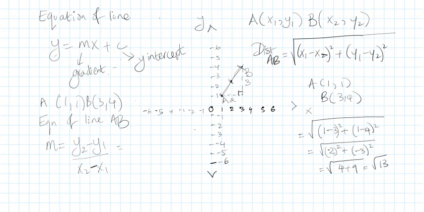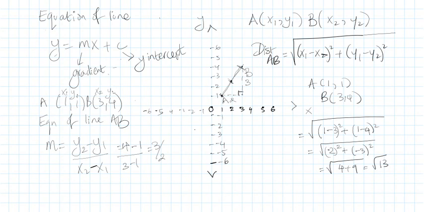So what we can do is we can label our coordinates. So that's x1, y1, the first x coordinate, the first y coordinate. This one is x2, y2. So if we need to find the gradient, it's y2 minus y1. So it's 4 minus 1 divided by x2 minus x1, so 3 minus 1. And that gives me 3 over 2.